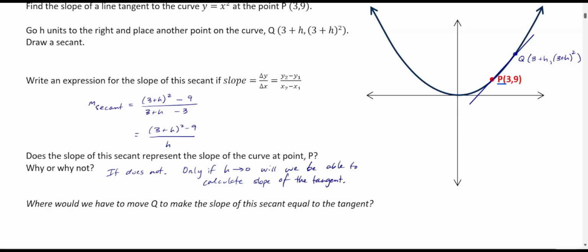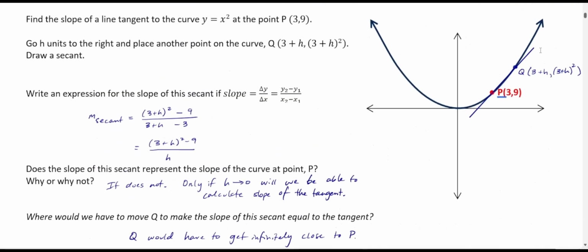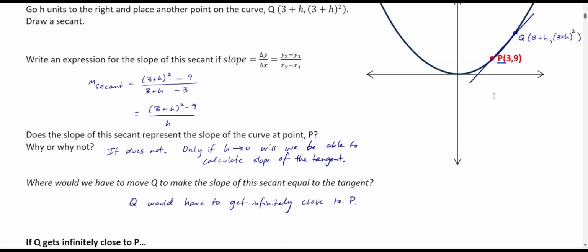So where would we have to move Q in order to make this the slope of the tangent? Well, Q would have to get infinitely close to P. We have to take Q and move that infinitely close to P so that we are able to get a tangent.